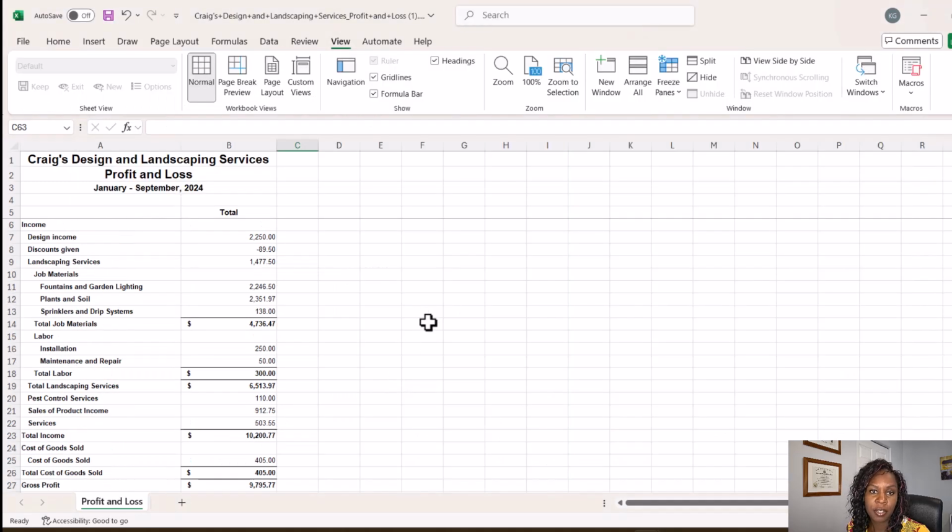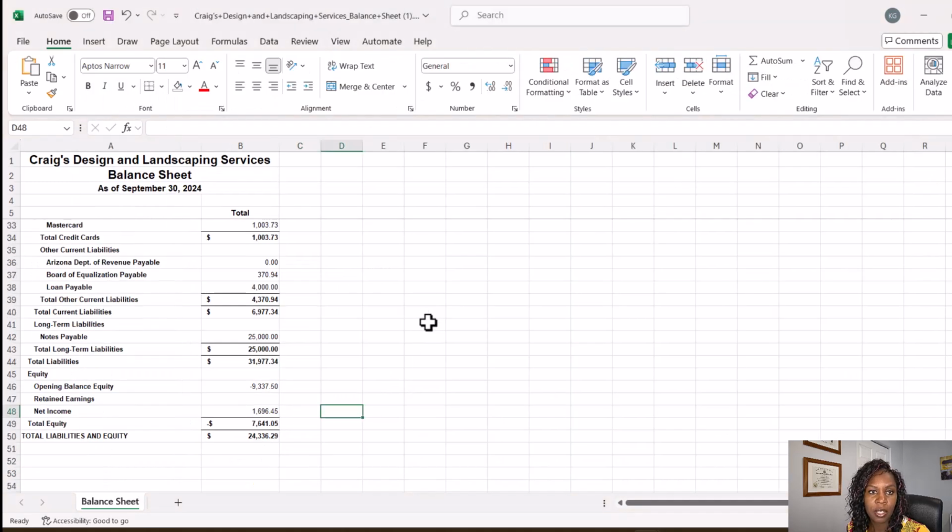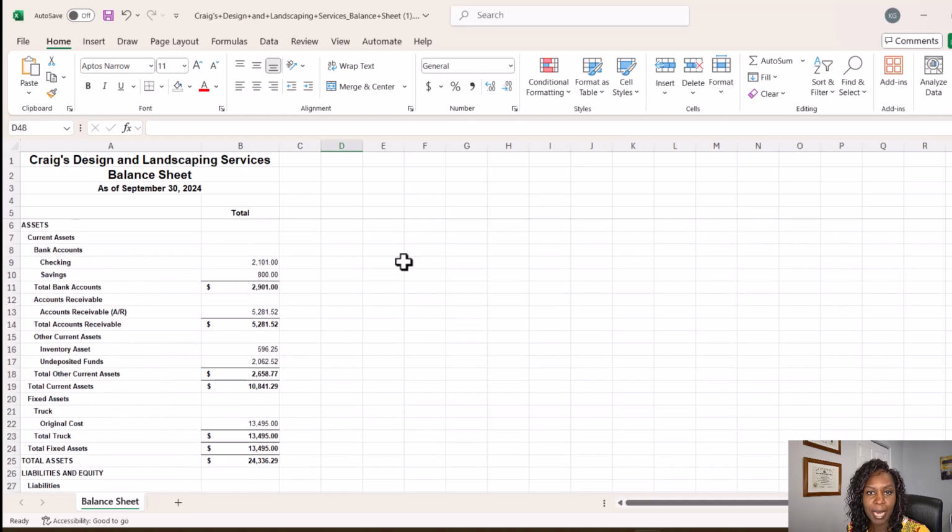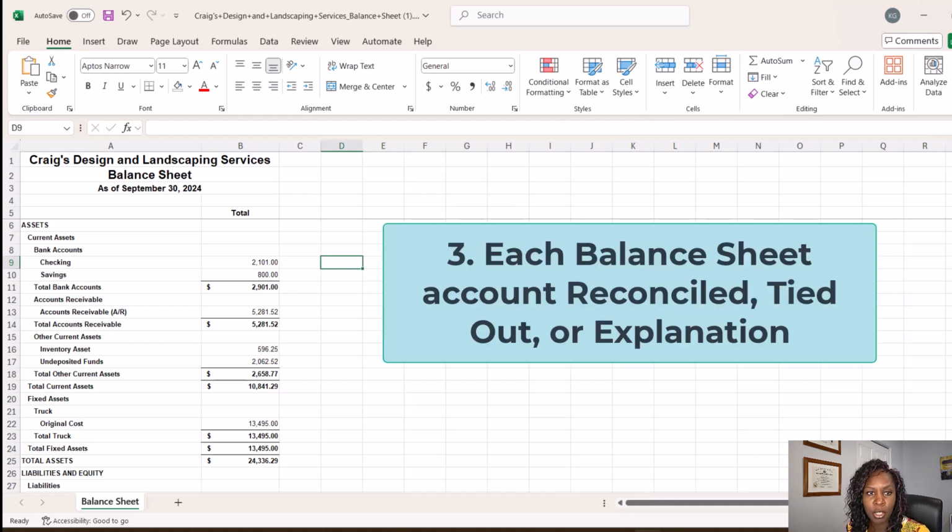And then the third way to tell if your balance sheet is correct is having each of your accounts reconciled. When it comes to your bank accounts, you should be able to pull up your bank reconciliation and your bank statement and make sure your cash balances tie out.